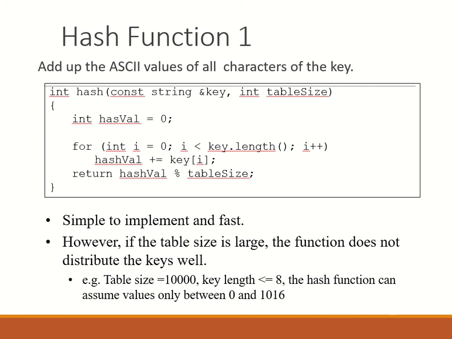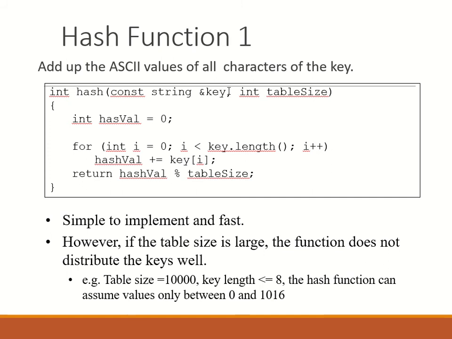So this is for the case where the key values are strings. There are 2 or 3 examples for strings. Here this is a hash function. It is going to accept a string, taken as a pointer value, and this is the key, which holds the first character's address.